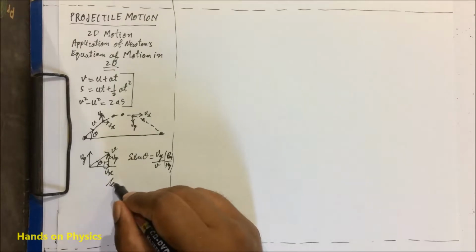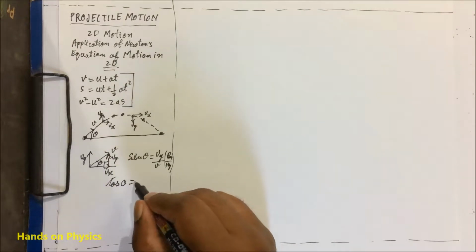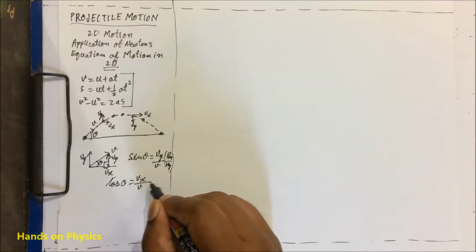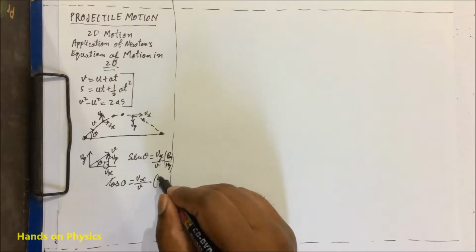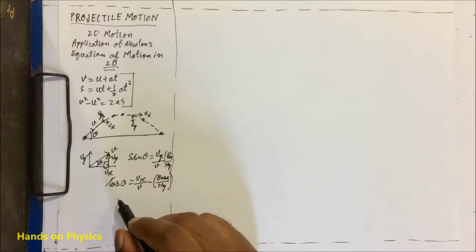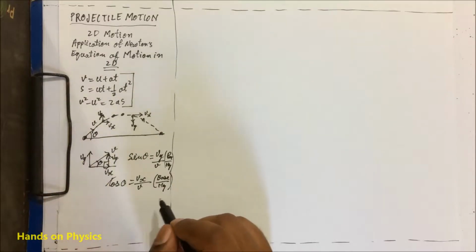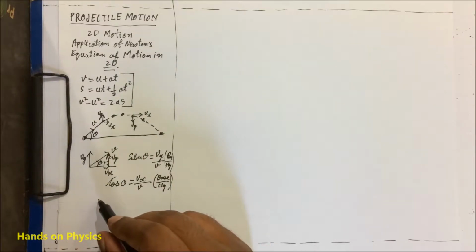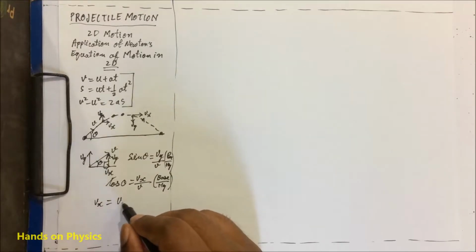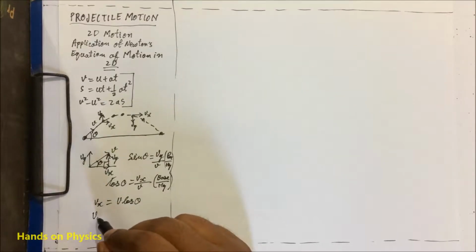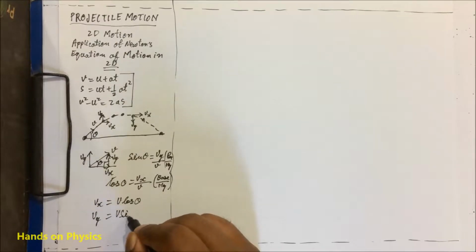On the other hand, cos theta is Vx upon V, that is base upon hypotenuse. From here we can say that Vx is V cos theta, and Vy is V sine theta.